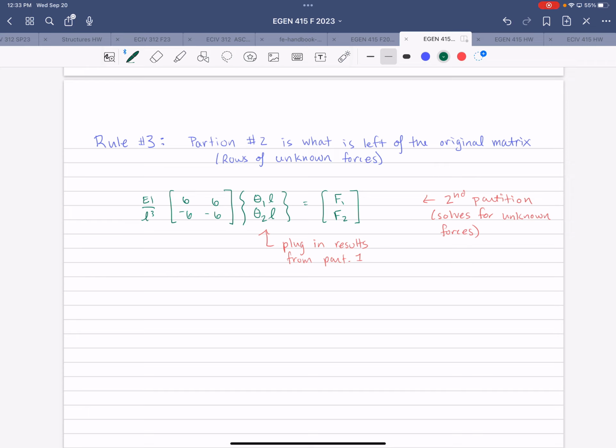So completing this process, I'm going to go ahead and say solving, we get F1 and F2 is equal to m naught over 6L times 6 and negative 6.